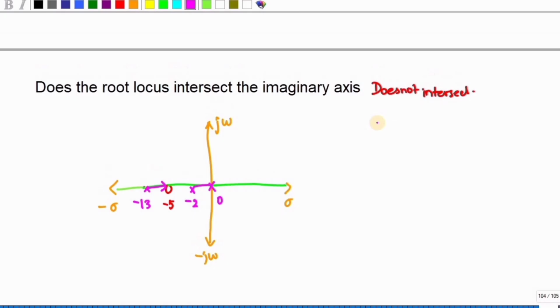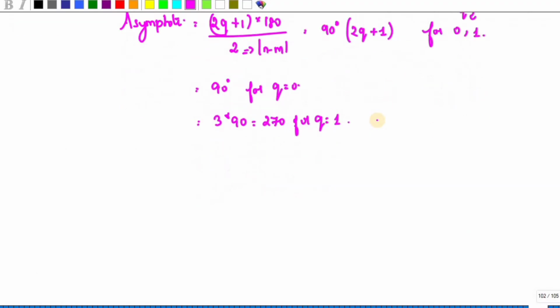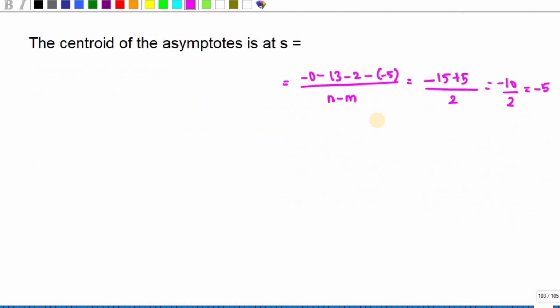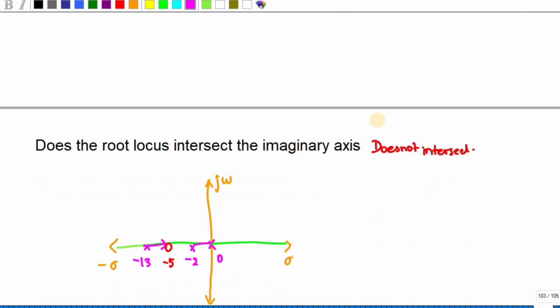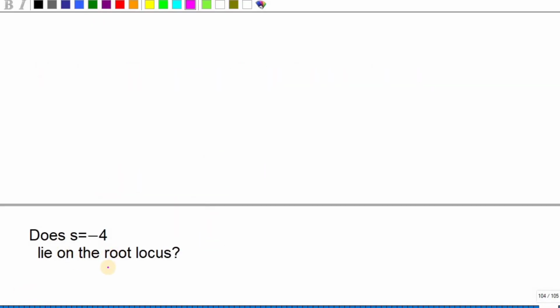The root locus starts from the poles and ends at the zeros. So there must be a breakaway point between minus 2 and 0, usually around the center, the average of these. The next question: does s equal to minus 4 lie on the root locus?